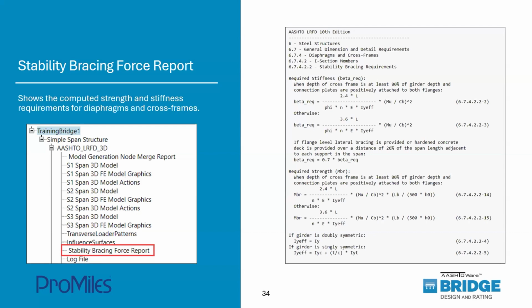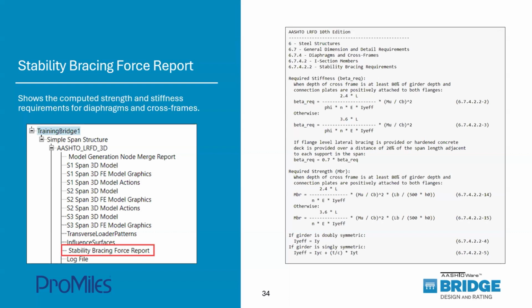These requirements are computed after determining the girder member actions, but prior to final spec checking, because we need those girder member actions to determine the strength requirements, but we also need these strength requirements in order to evaluate the cross-frame member design ratios.